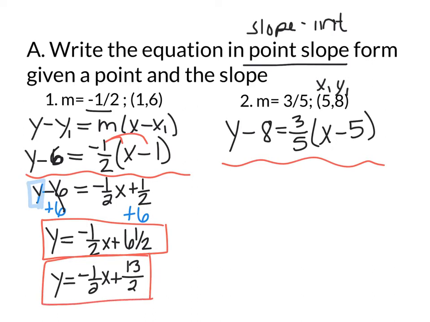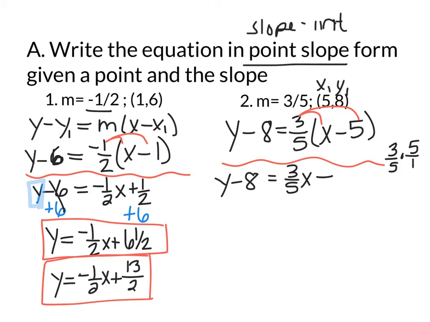Number 2, if I wanted to put it into slope-intercept form, again I have to distribute my 3/5. So I get y minus 8 equals 3/5 x. 3/5 is positive, 5 is negative, so it's going to be minus. And let's just do a little multiplication over here. 3/5 times 5, when I multiply a fraction times a whole number, I put the whole number over 1.